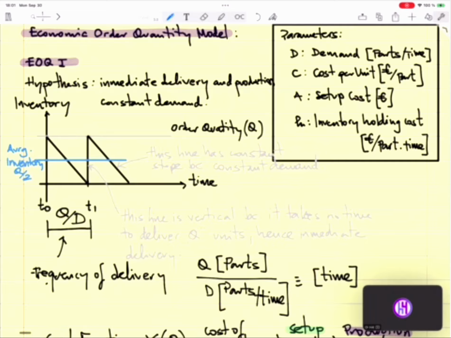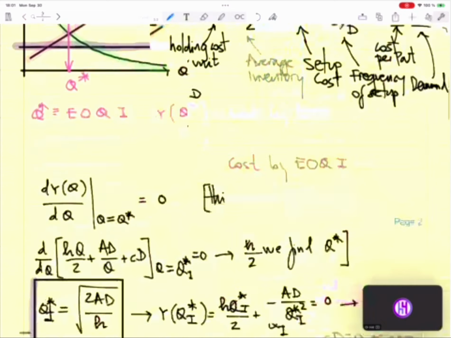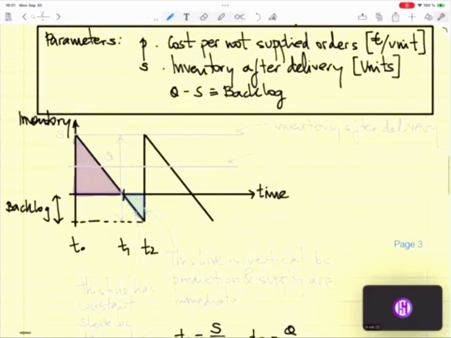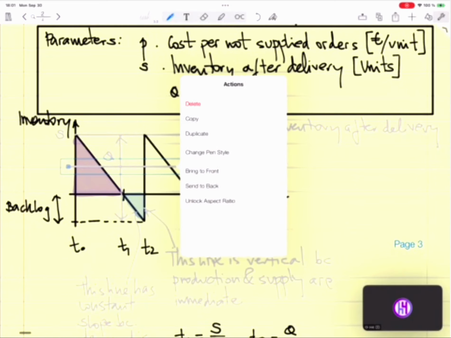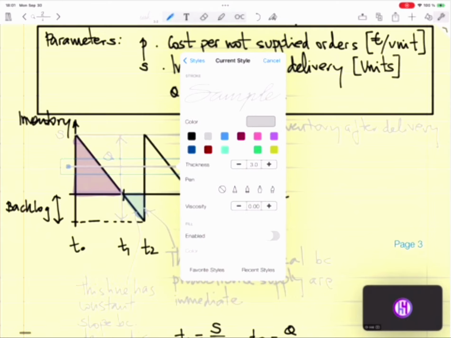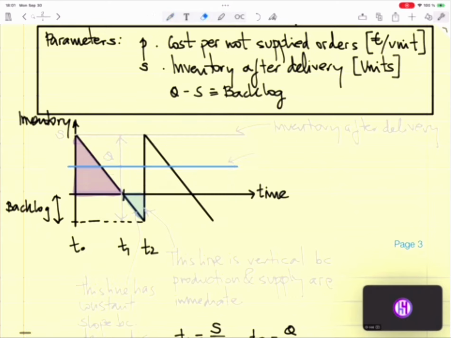So the height of the triangle divided by 2. And now we have what? What is the height of this triangle?